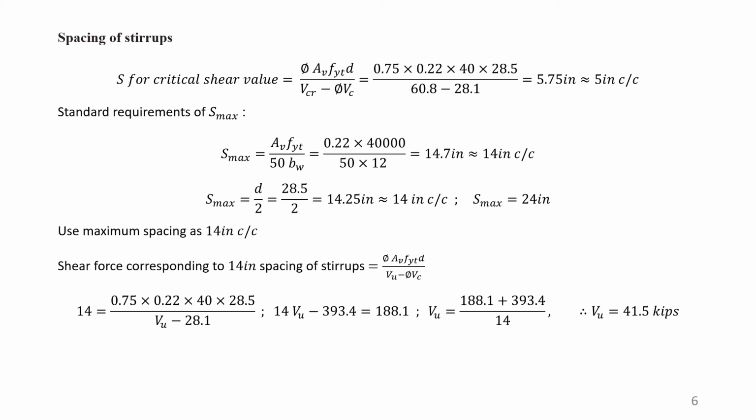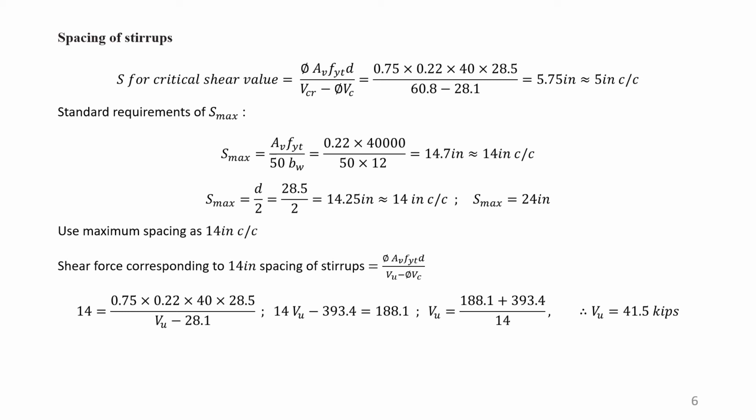We have to use this 14 inch center to center near the center. As this beam and load are symmetrical, we will design only the half portion of this beam. Near the center, the spacing will be 14 inch center to center.